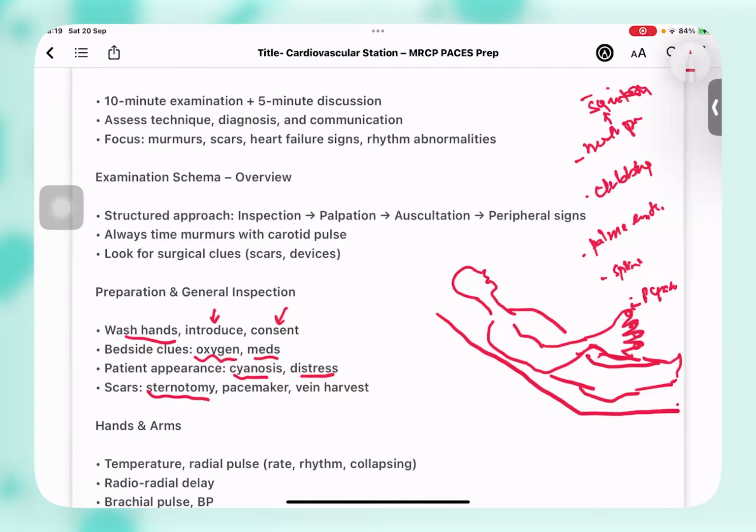So you look at them and then you turn to the patient's dorsal side and look for any IV drip marks there. And then you go to the wrist.